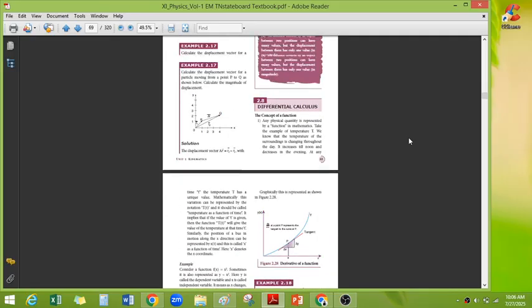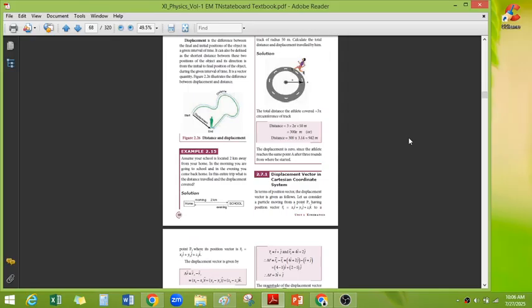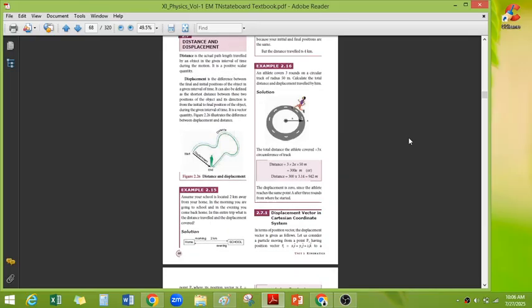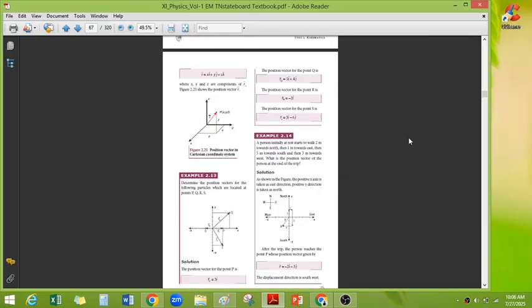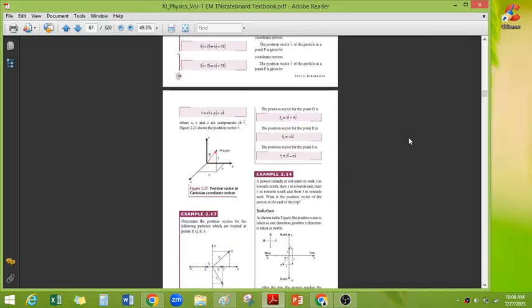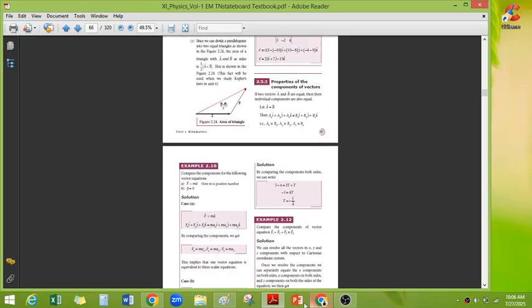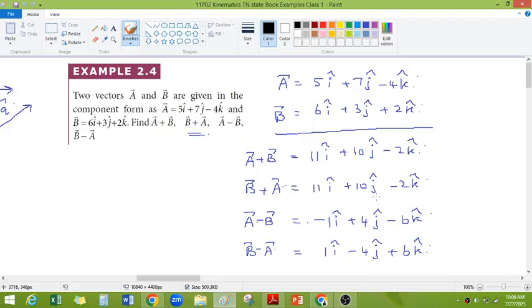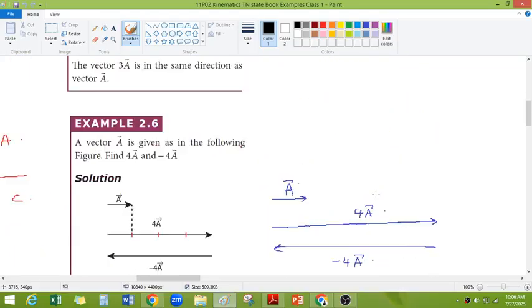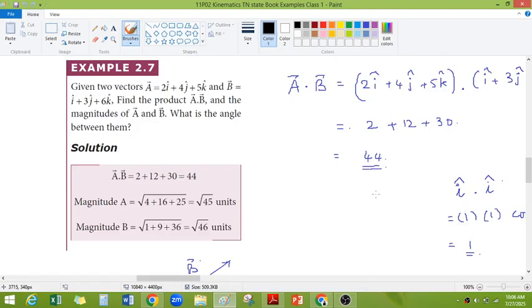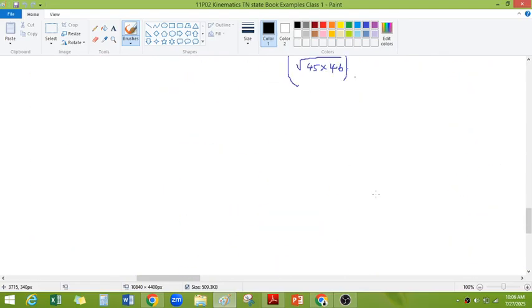Differential calculus, integral calculus basics given. Displacement, distance and displacement. I think we did up to 2.5, 2.6, 2.7 also done.